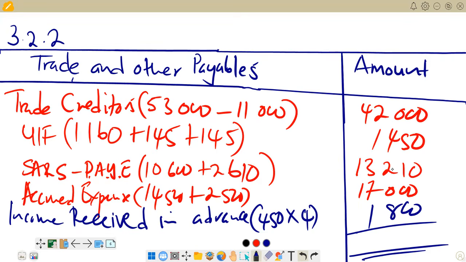So the figure that we get there is 75,460. So you can recheck with your calculations if these are correct. But basically, we add this column, and the total that I got here is 75,460. So that represents the total for trade and other payables.